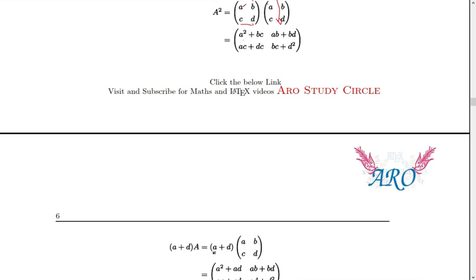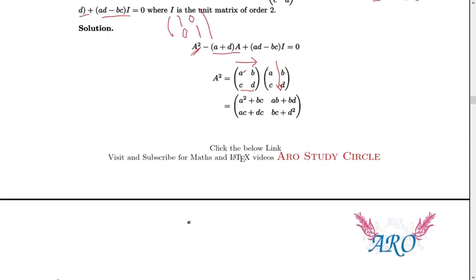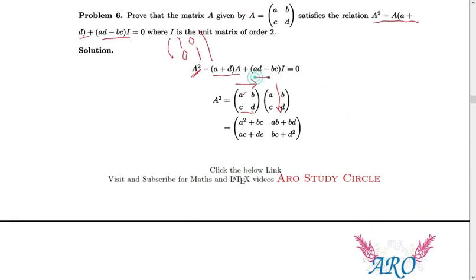Multiplying a plus d to a gives a squared plus ad, this one ab plus bd, this one ac plus dc, and this one ad plus d squared.